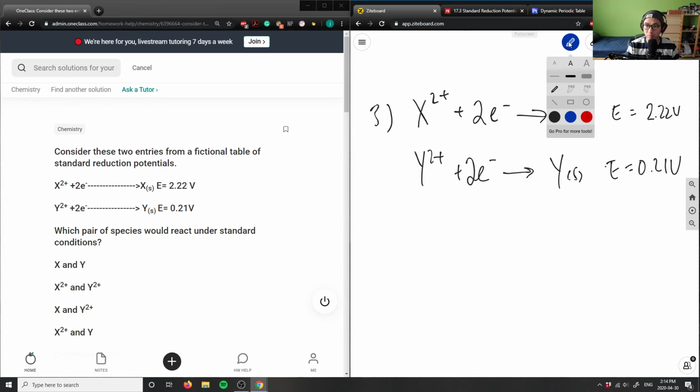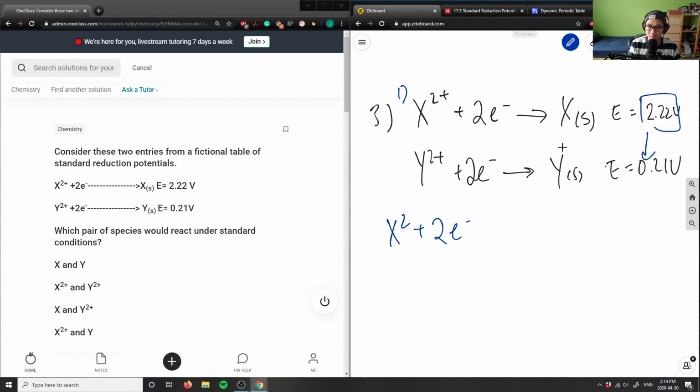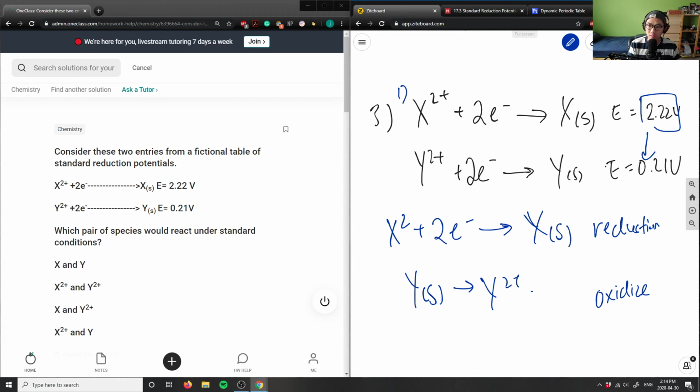So let me just show you. Because this value here is greater than this value, this reduction will happen, right? This reaction here is going to be my reduction, and if I have a reduction, something needs to be oxidized. So this one here is going to get oxidized. Y solid is going to form these two.